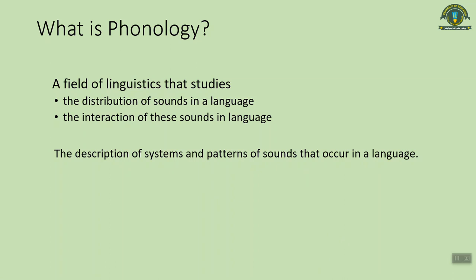In phonetics, you are going to study any human speech sounds of any language of the world. For example, if there is the sound ma, we also have this sound in Urdu, in Punjabi, in English, and in Arabic as well. How this speech sound is produced, and from where, will be the concern of phonetics.